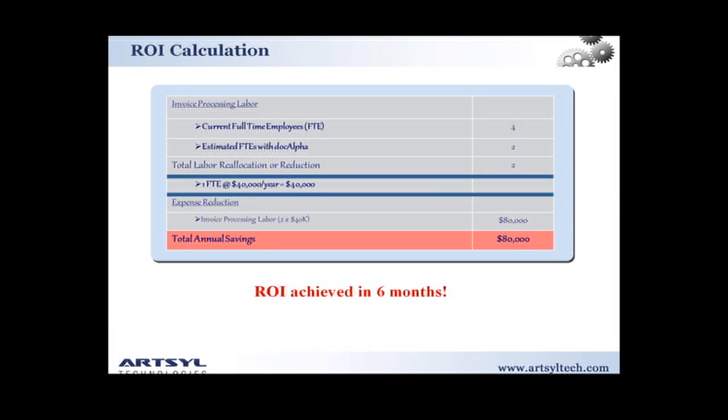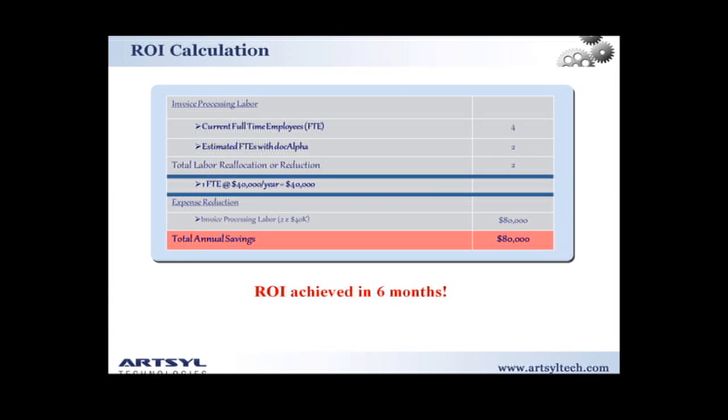I tend to focus on the left side, the hard dollar costs, and it boils down to this screen. And generally, this is all I use, and this is generally all I need to close any type of advanced capture solution. And that's basically how many people does it currently take to do your process, to do AP data entry.